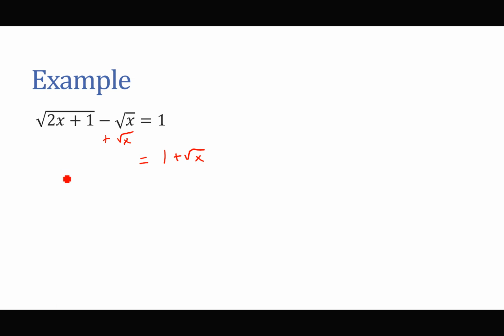And then this is still square root of 2x plus 1. This was the first step of isolating the radical. This one on the left I'm focused on, so I'm going to square each side, and then I only have 2x plus 1 on the left.